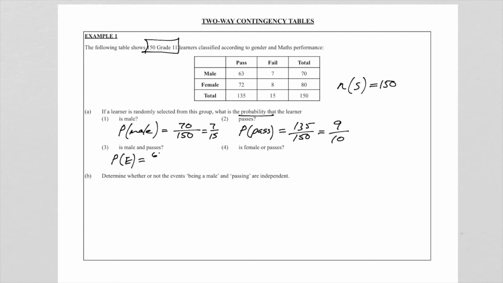So 63 over 150. And that, of course, we can still simplify to 21 over 50, by dividing numerator and denominator by 3.